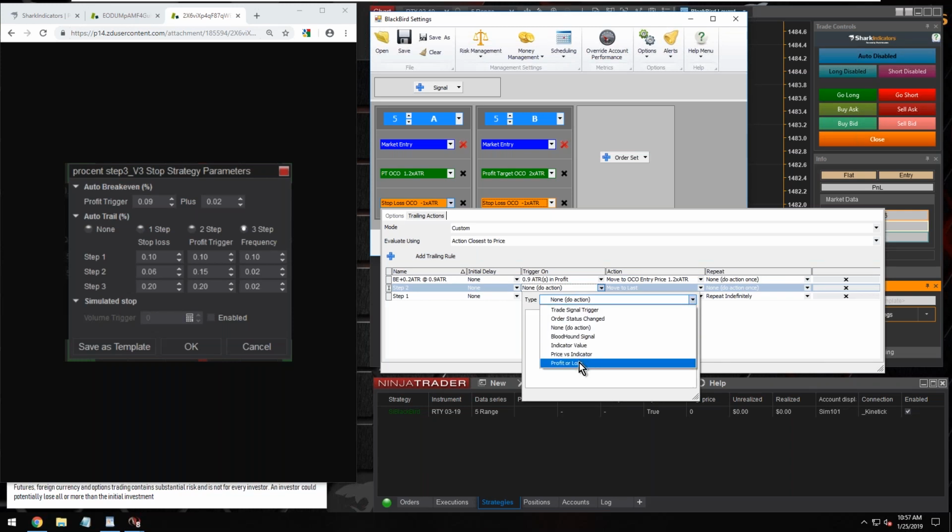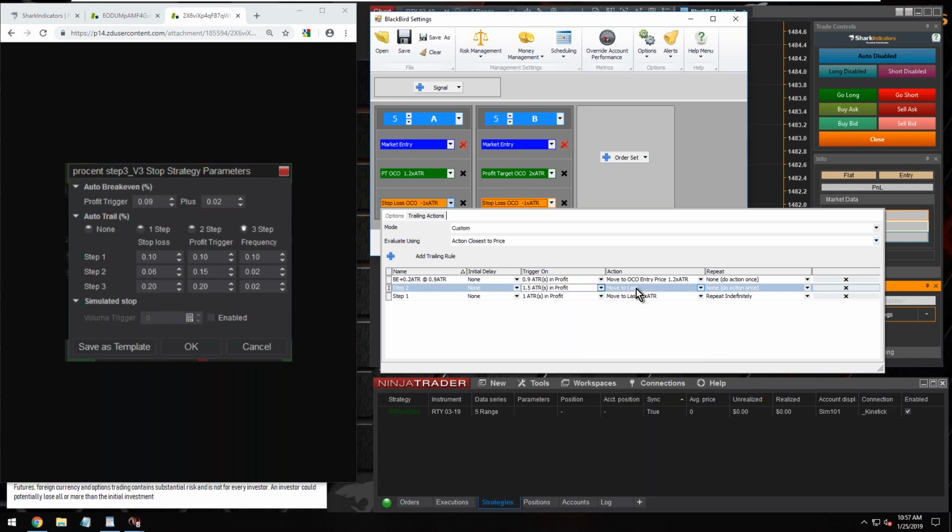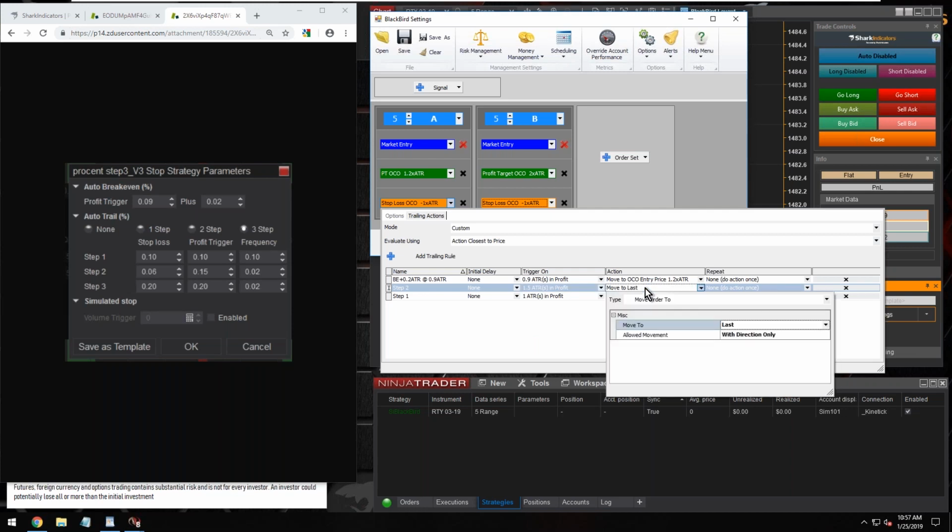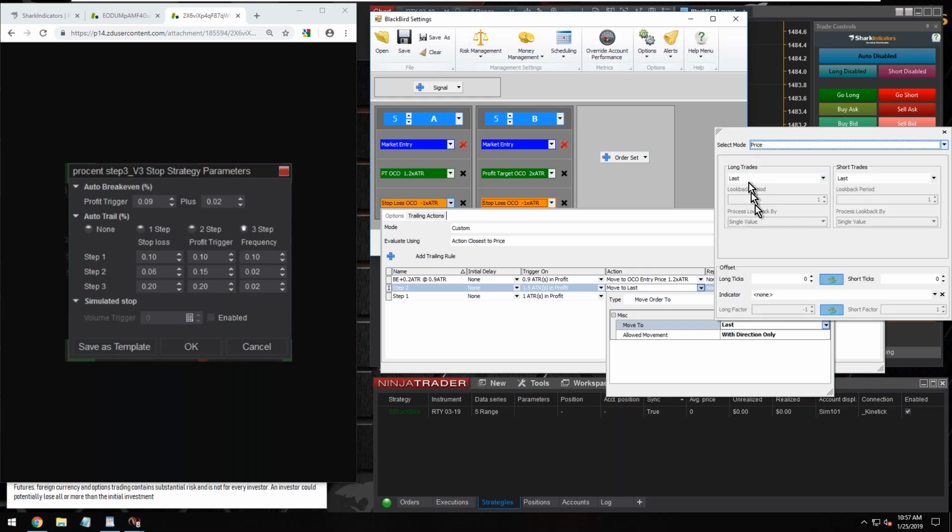All right, so again, our profit trigger is 1.5. And we're going to convert it over to ATRs since we don't have percent yet, and adjust that ATR period. And the action is going to be a 0.6% trailing stop loss. So let's open up the move to and set that up.